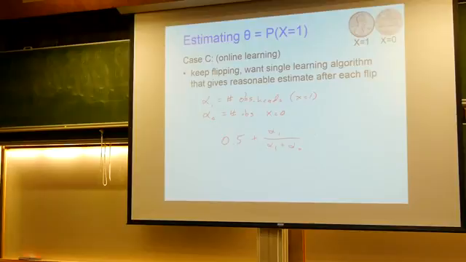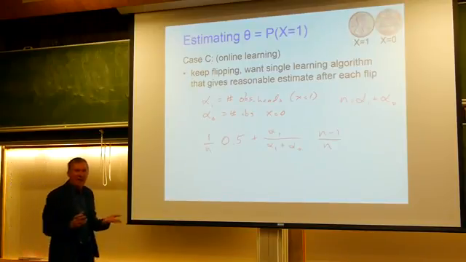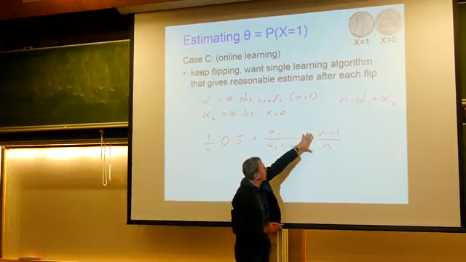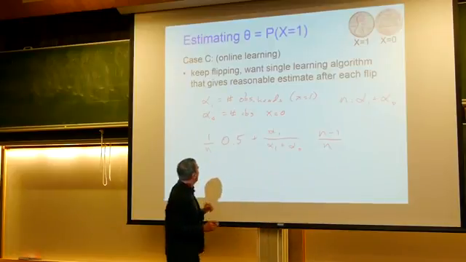So here we might put this as 1 over n, where n is alpha 1 plus alpha 0. It's the total number of flips, right? So we could weight this by 1 over n, and then we could weight this by n minus 1 over n. Is that what you're kind of getting at? That the bigger n is, the more we want to weight this. I don't know. That doesn't quite work either.